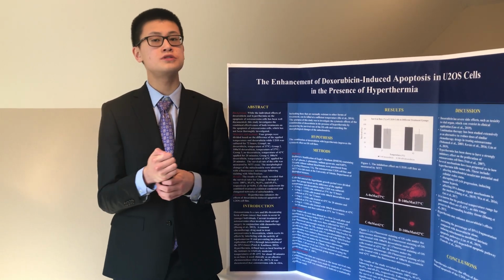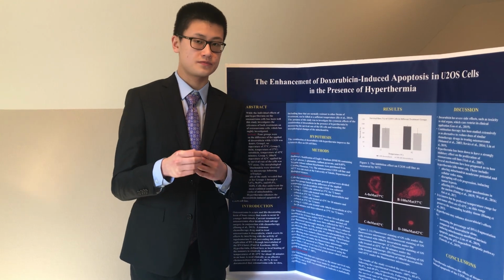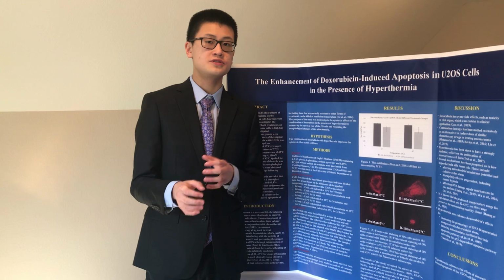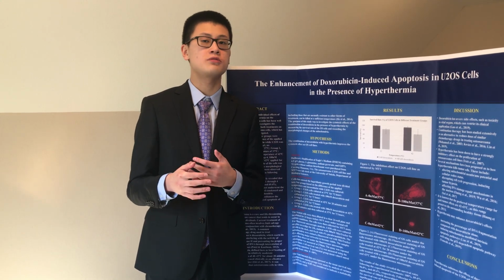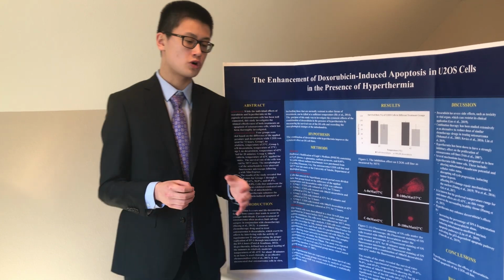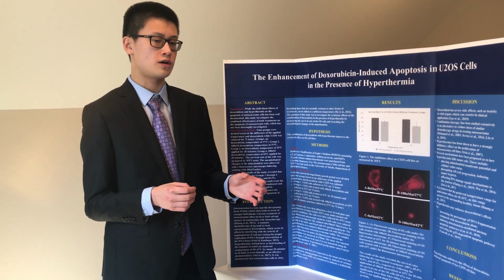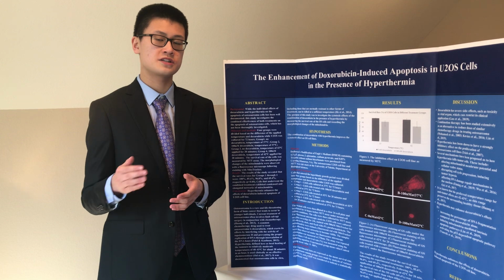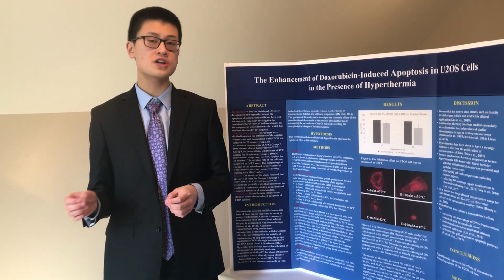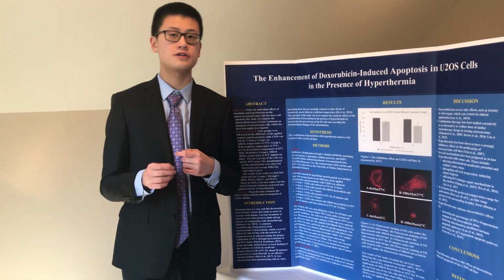Now, I cultured the U2OS cells, and based on their logarithmic growth, I decided to use the cells that were able to be treated. Now, the cells also underwent pre-experimental trials in order to determine the concentration of the doxorubicin required.